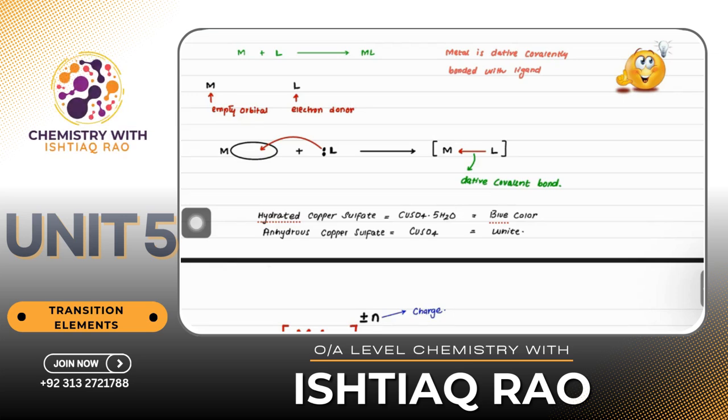When a metal is surrounded by a ligand through a dative covalent bond. So I would say that this is going to be the complex compound. I'm just taking a neutral example, generalizing it. I'm representing the metal by M and the ligand by L.